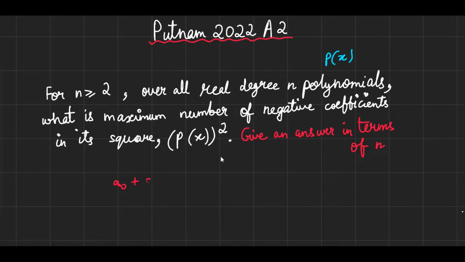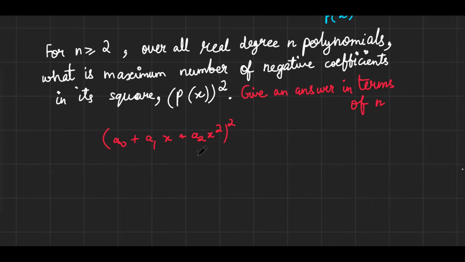If you have a polynomial a0 plus a1 x plus a2 x squared, and you square it, well, what do you get back? For the constant, as we said before, it's just a0 squared. For the x term, perhaps it's better to write it in brackets like these, because then you can really see how things multiply out better.